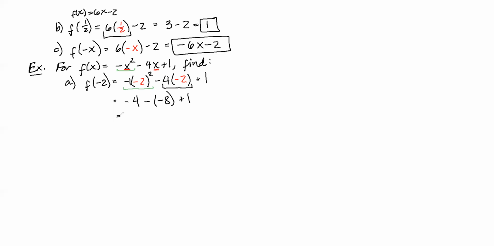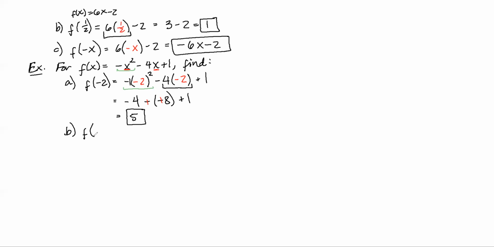Now, we're going to have negative 4 add the opposite, so plus 8. Negative 4 plus 8 is 4, plus 1 is 5. So this one's tricky when you have those negative numbers, but just remember exponents before you multiply and plug everything into parentheses.